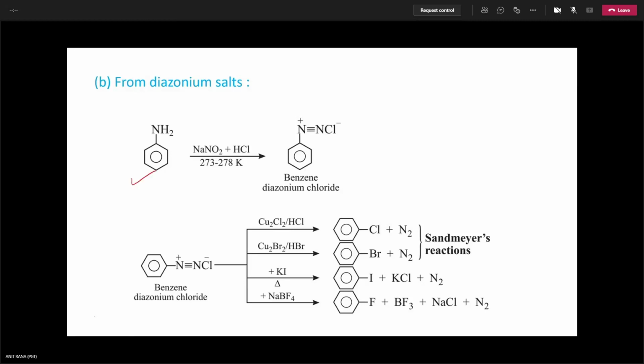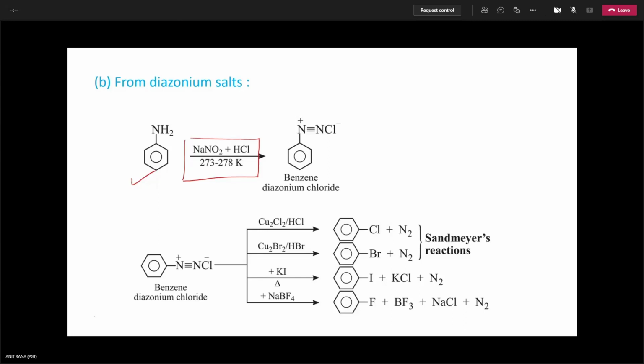So aniline, when treated with sodium nitrite in presence of concentrated hydrochloric acid, at 273 to 278 Kelvin, that is 0 to 5 degrees, in a cold condition only. When we say concentrated hydrochloric acid, it does not mean very highly concentrated.